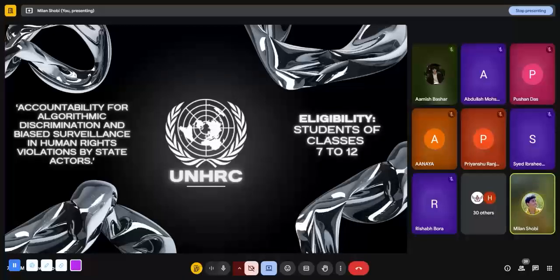Accountability for algorithmic discrimination and biased surveillance and human rights violations by state actors basically means that you need to hold these state actors accountable for the algorithmic discrimination, which is very similar to what we know as systemic discrimination, and biased surveillance in human rights.